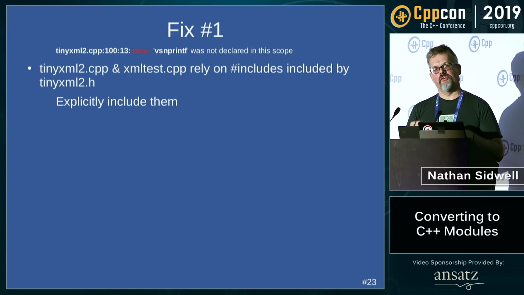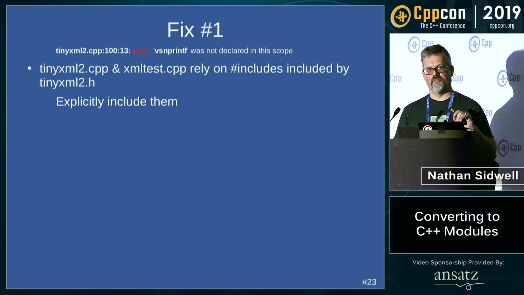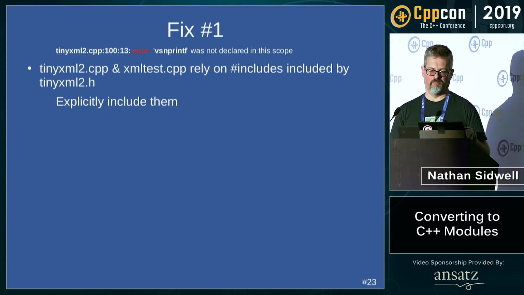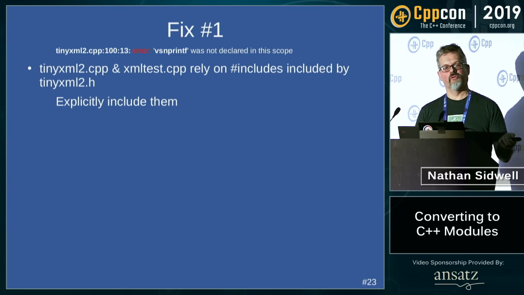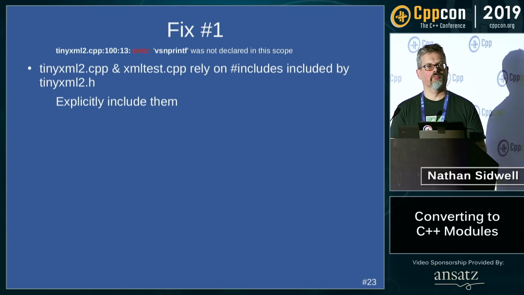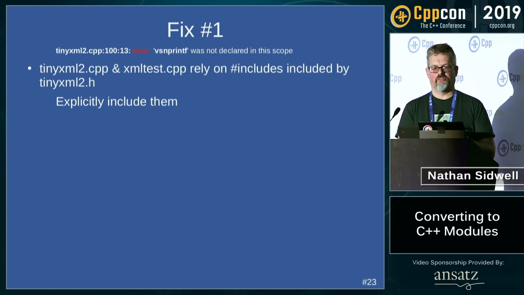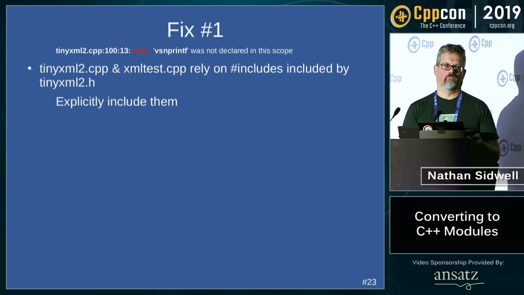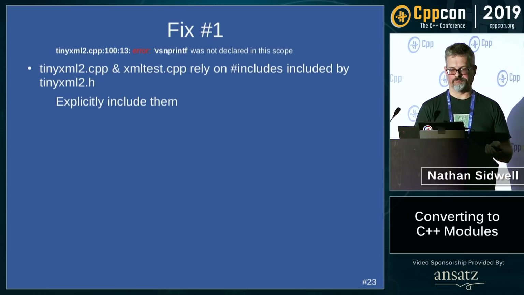But now that's a named module, that visibility of the stdio that was included in the header in the interface, in the module interface, was not exported to anything outside of that translation unit. So no wonder when the implementation file looks up for this name, it can't find anything.